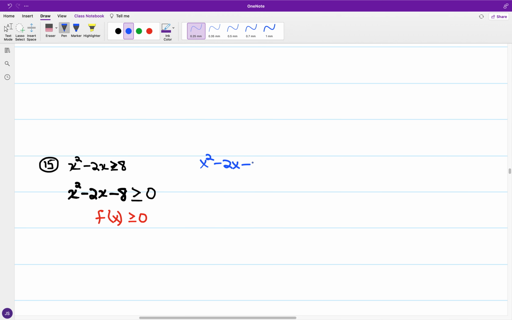So if I were to set x squared minus 2x minus 8 is equal to 0, and look at factoring, we have the factors of negative 8 whose sum or difference will be negative 2.